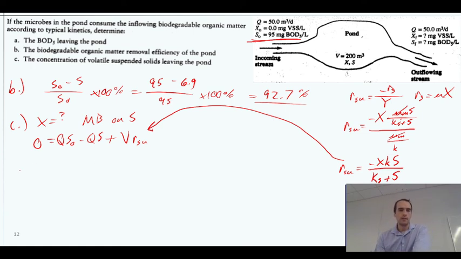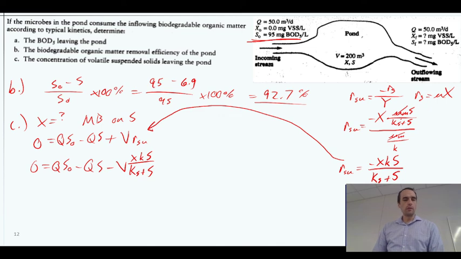So we can continue then and say 0 equals QS naught minus QS, and this is going to be a minus VX, lowercase k times S divided by Ks plus S. From here, we need to solve for X. So we'll add the term on the right to both sides.